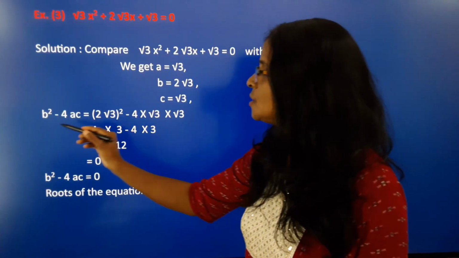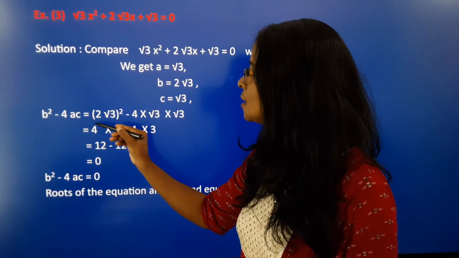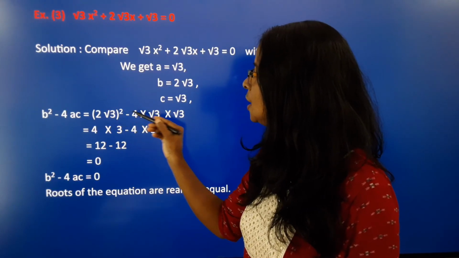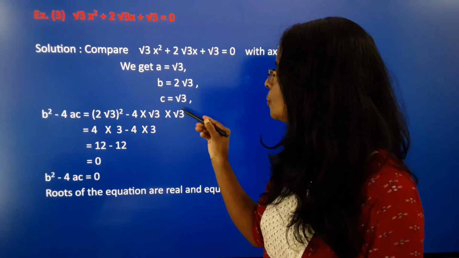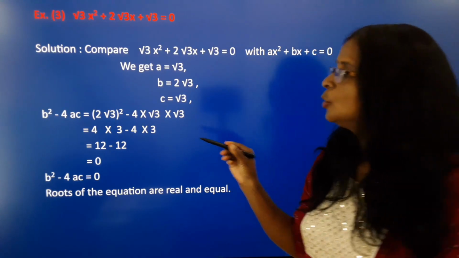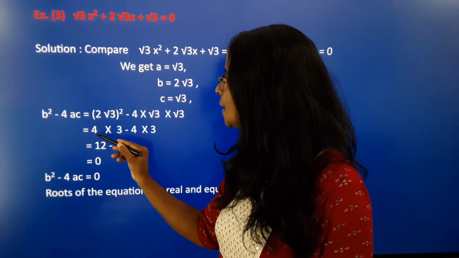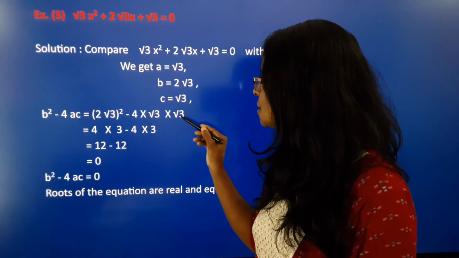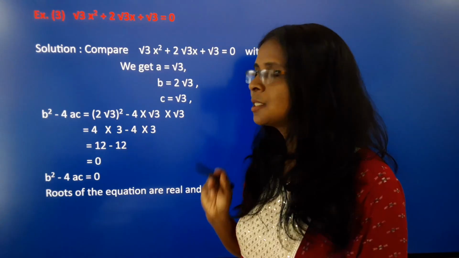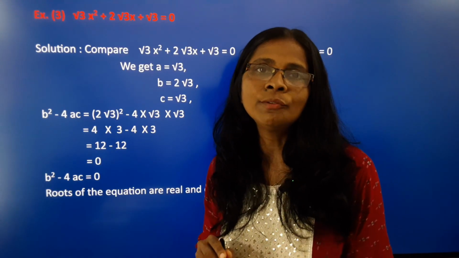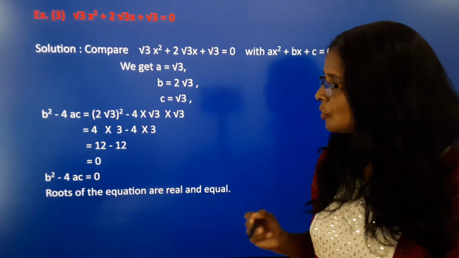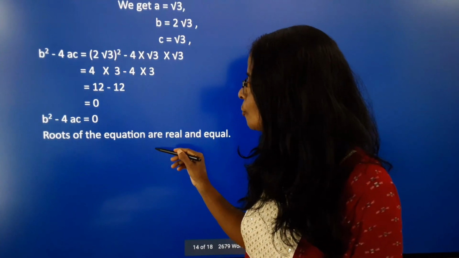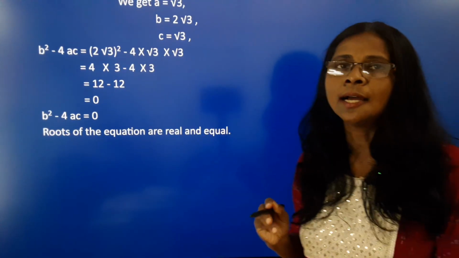So here b square minus 4ac is equal to square of 2 root 3 minus 4 multiply root 3 multiply root 3. So here square of 2 root 3 means 4 multiply 3, that is equal to 12. And the product of these, 4 multiply 3, also equals 12. So 12 minus 12 is equal to 0, and that means the roots of the equation are real and equal.